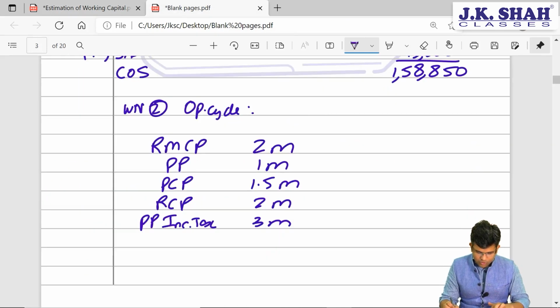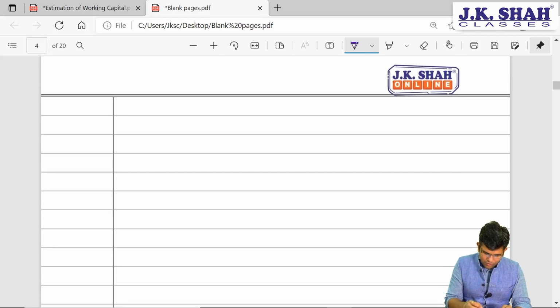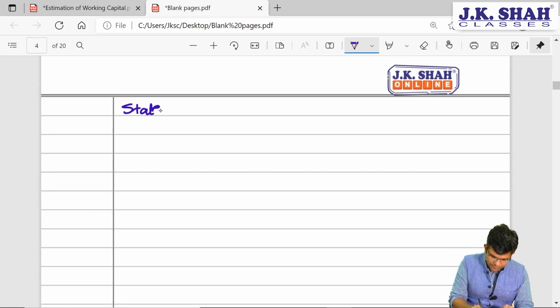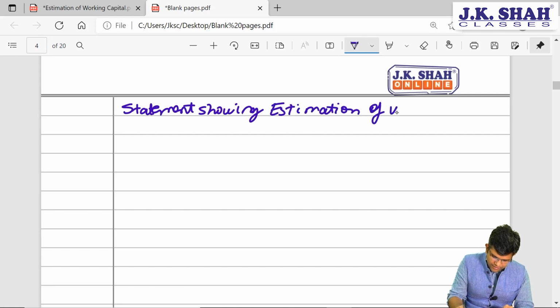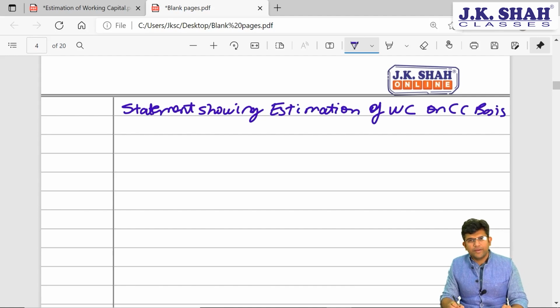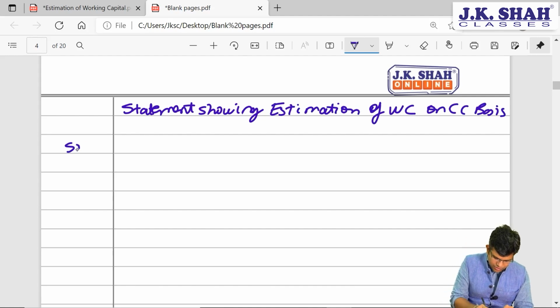That's it. So there is no more period data given. That's it. So now let's go on to our final statement. I'll write down here statement showing estimation of working capital on cash cost basis. Okay, statement showing estimation of working capital on cash cost basis.